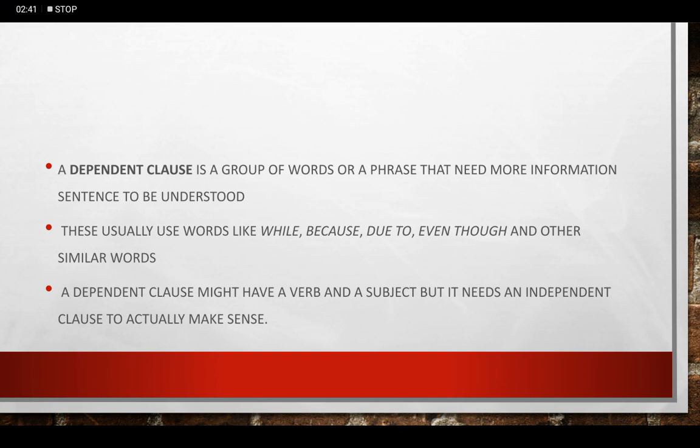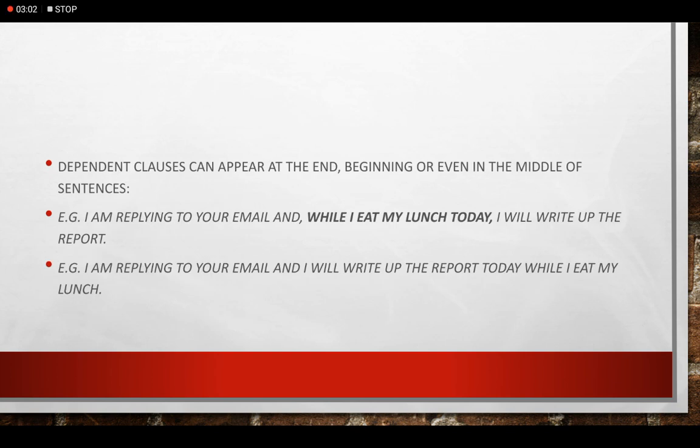You see, a clause always has a subject and a verb, but all clauses are not the same. An independent clause will give you a complete idea or complete meaning, but a dependent clause needs the help of an independent clause to actually complete the meaning or the idea. Dependent clauses can appear at the end or the beginning or even in the middle of the sentence.